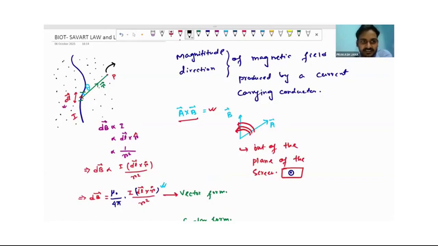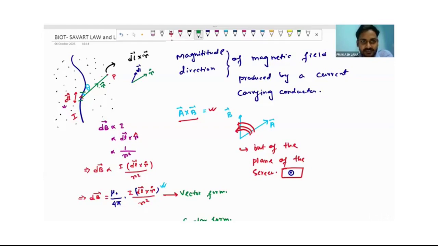Here, dl cross r. As we can see, dl is somewhat in this direction. This is dl, and r is this direction. Suppose this is r cap.